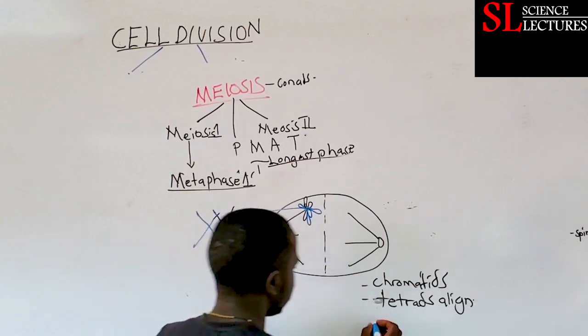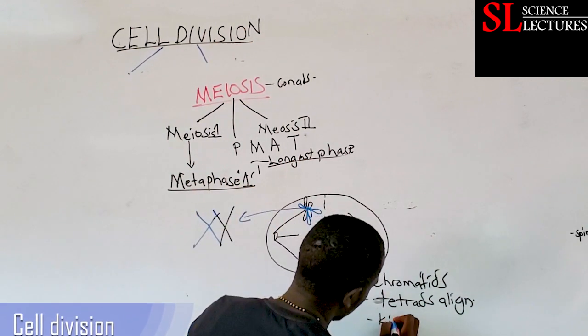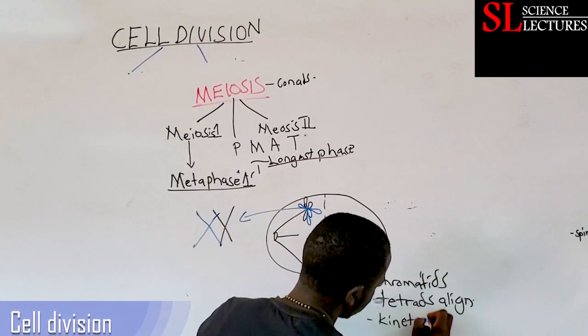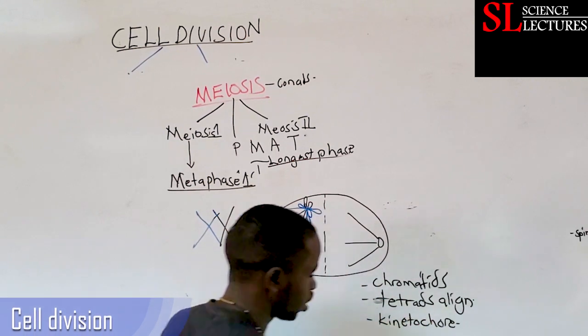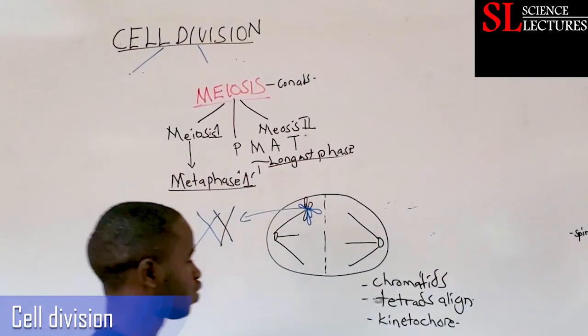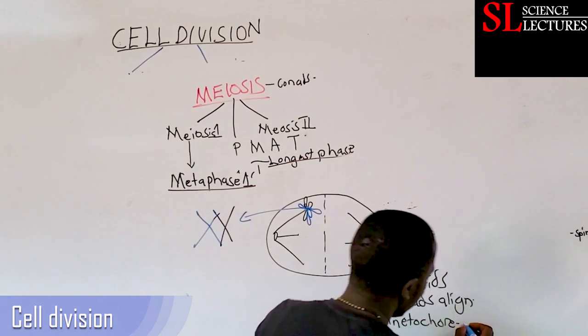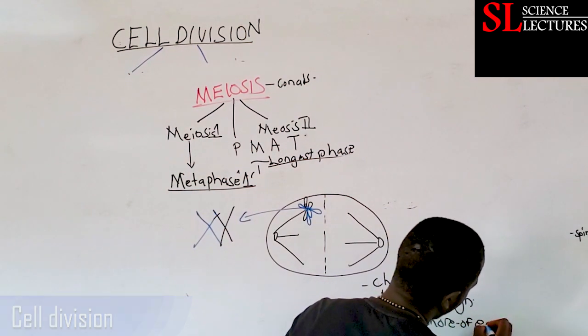When they align themselves, then the kinetochore, which we saw in the ultrastructure of the chromosome. If you've not yet seen that, please go back and look out for the video.